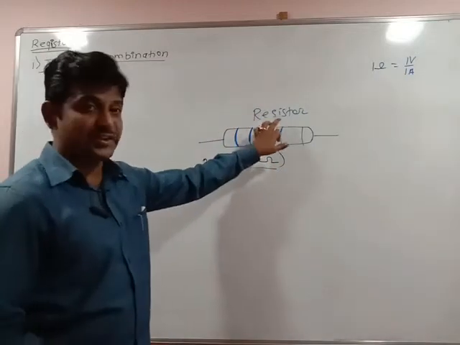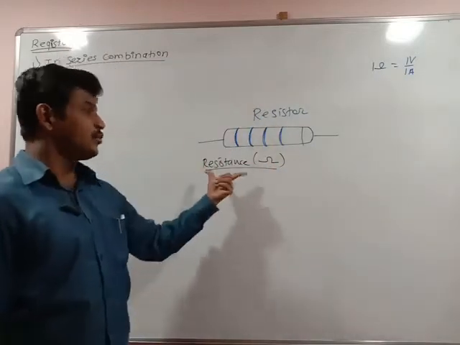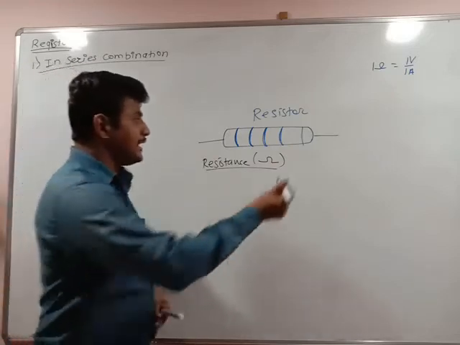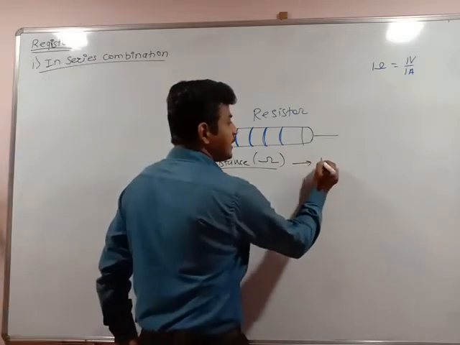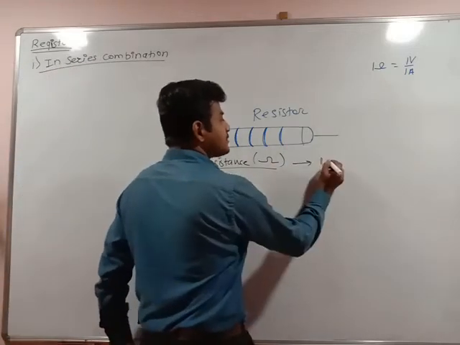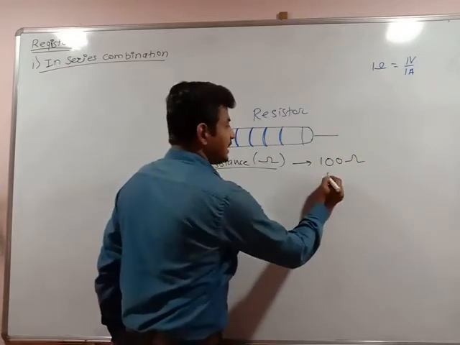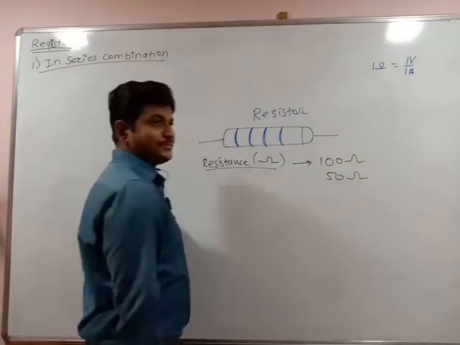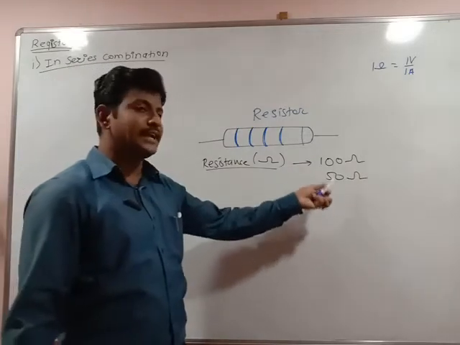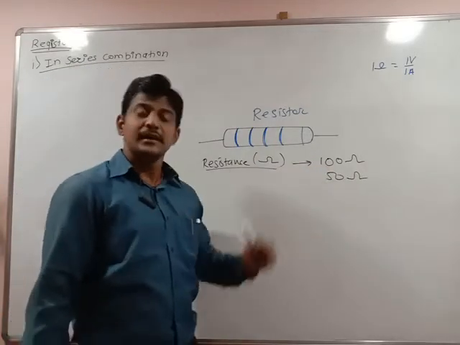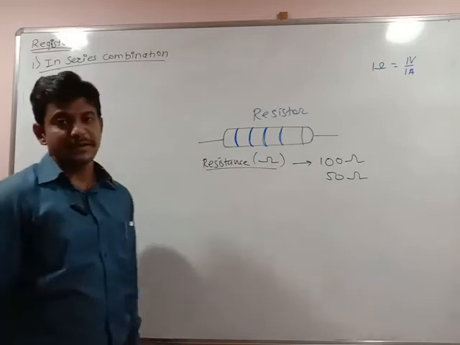This is said to be a resistor, and every resistor has its own resistance. For example, in different books it is written as a resistance of 100 ohm. Sometimes it is written as 50 ohm. Actually, we are not going to see this in detail because this point is already deleted for the present year.